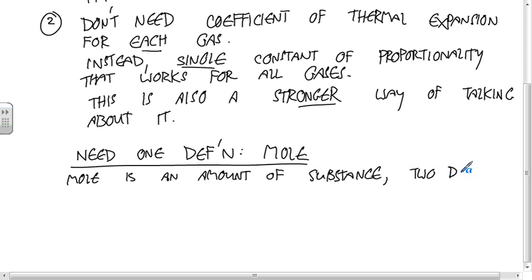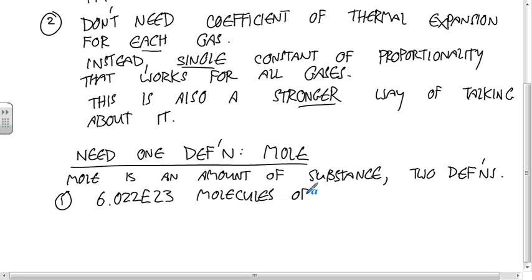So here are the two definitions. The first one is a mole is 6.022 times 10 to the 23rd molecules of a material.